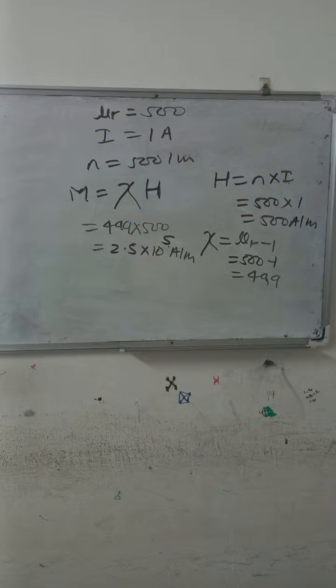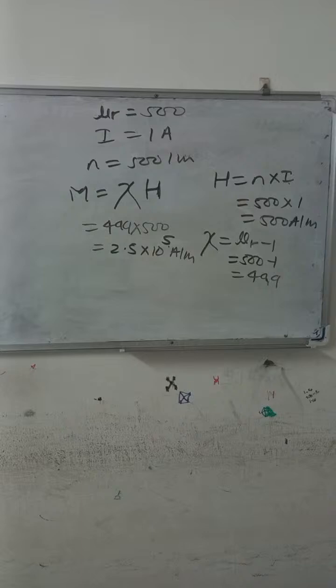I'll repeat this question. What is the magnitude of the equatorial and axial fields due to a bar magnet of length 5 mm at a distance of 50 centimeter from its midpoint? The magnetic moment of the bar magnet is given as 0.40 ampere meter square.